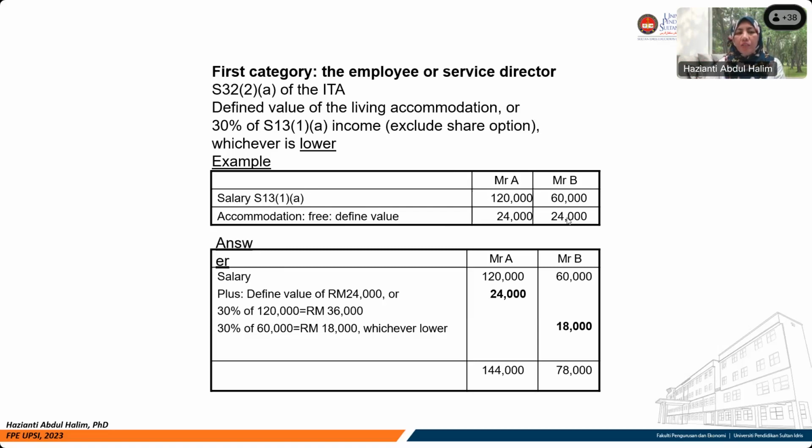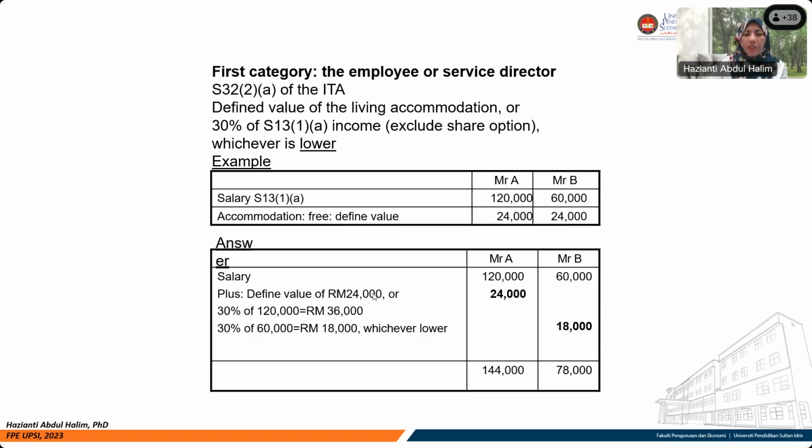Alright, so the answer for this first category: we take the salary of 120,000 from section 31A, then take the defined value of 24,000 and compare it with 30%. For Mr. A, income is 120,000, so 30% of 120 is 36,000. Comparing the two, 24,000 is lower. So we bring 24 here, and the total is 144.